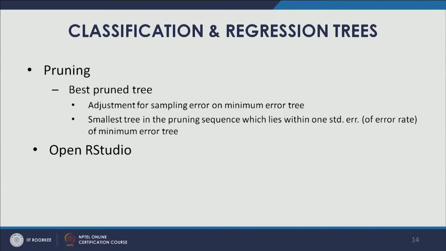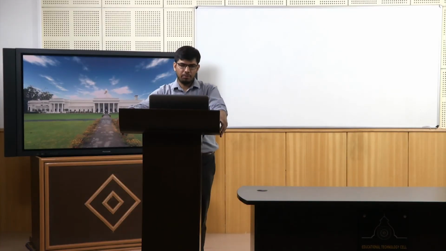The best pruned tree can be determined by adjusting for sampling error in the minimum error tree. The minimum error tree can move to some extent because of sampling error.